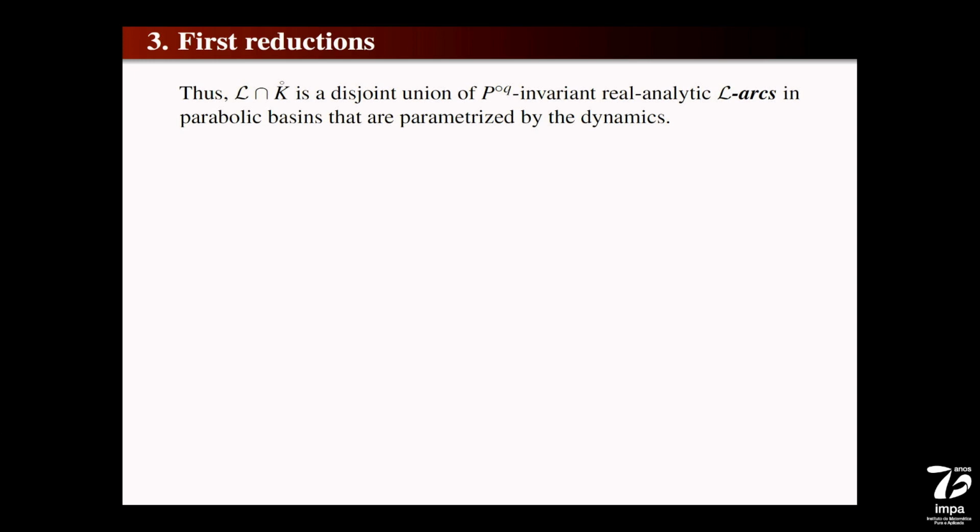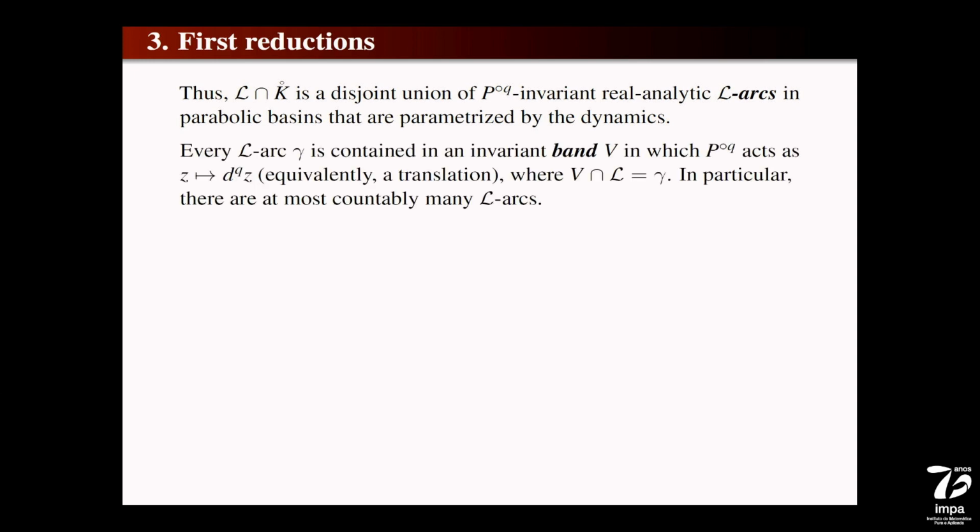The dynamics is like a translation of them. Every L arc gamma is contained in an invariant band V. That's the simply connected domain that we constructed. We have that conjugacy, and the only part of L in this band is gamma. So that's a simple lemma.